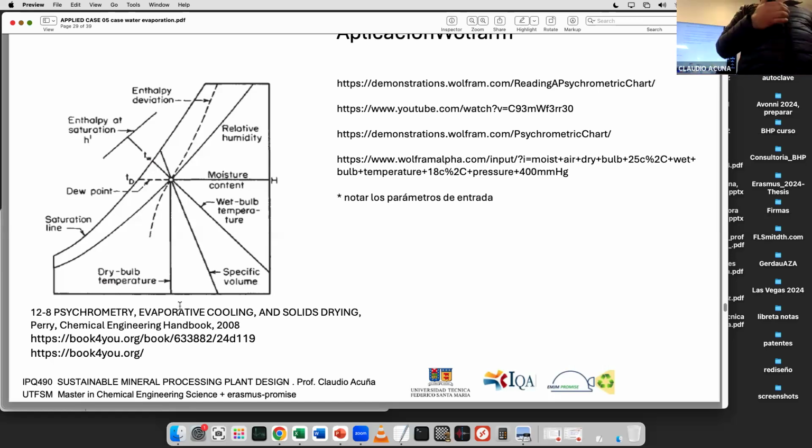The most important thing, you need to know only two things of the air. One of them is the temperature, the other one is humidity, and then you have all the data, or something that we call wet bulb temperature. Wet bulb temperature. Okay, got it with that? You need to study the psychrometric chart, how to get the numbers.